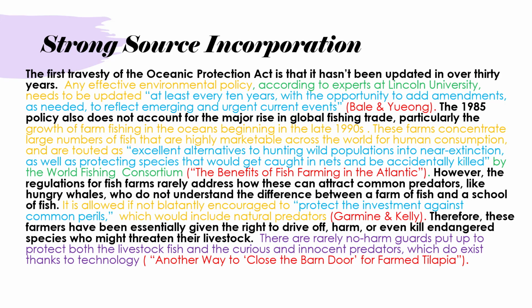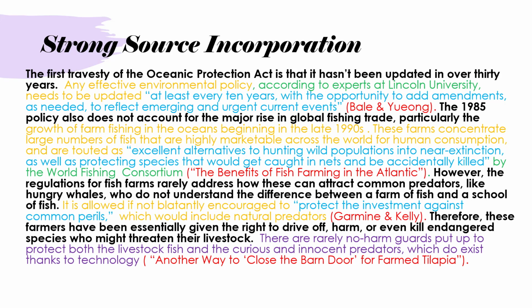So in this case, we paraphrased some of the information from the source talking about farm fishing beginning in the late 1990s and then exactly what farm fishing is. And then we use this direct quote, excellent alternatives to hunting wild populations into near extinction, as well as protecting species that would get caught in nets and be accidentally killed, because that wording is going to be really important for our argument, as you see in their next sentence.